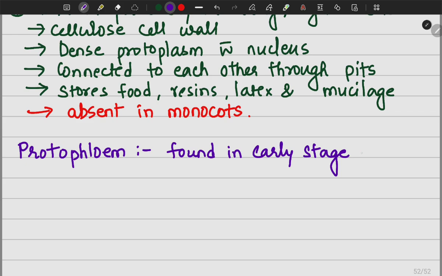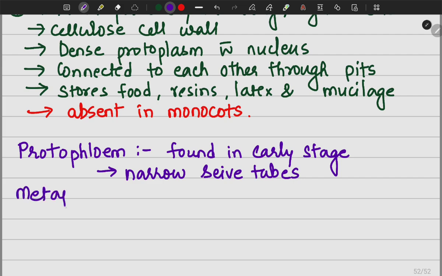And they have very narrow lumens. Narrow sieve tubes. The sieve tubes in the protophloem, or the phloem which is found in the early stages of the plant or in the young plant, will be narrow.